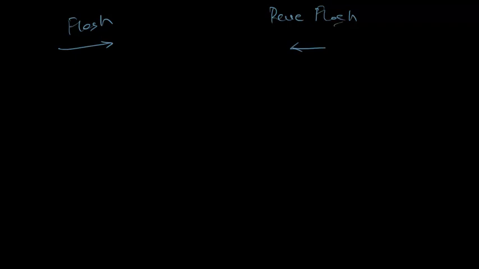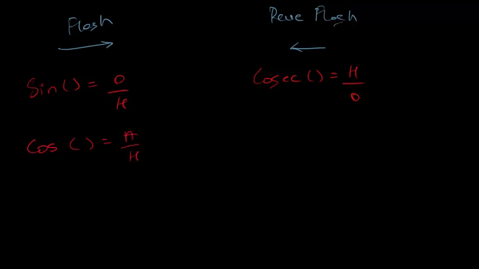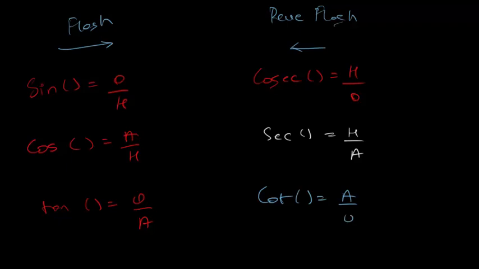So basically inverse, ulta, not straight but upside down. Sine's definition is O by H, while your cosec's definition will be H by O. Cos's definition is A by H, while your sec's definition will be H by A. And the last one, tan's definition is O by A, while your cot's definition will be A by O, the inverse of whatever it is.